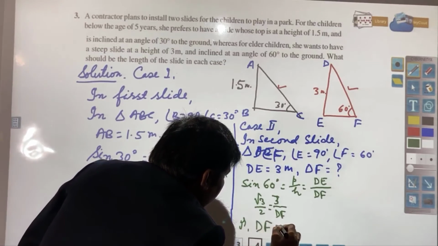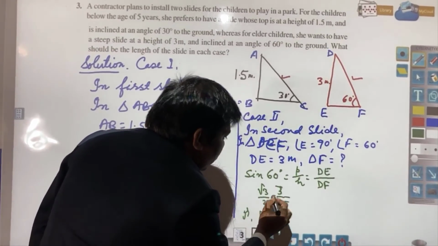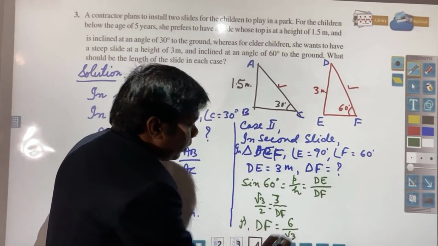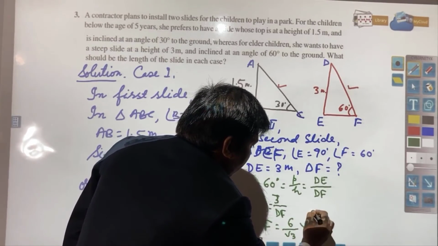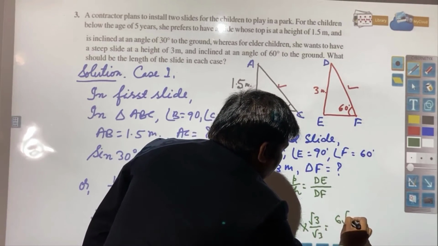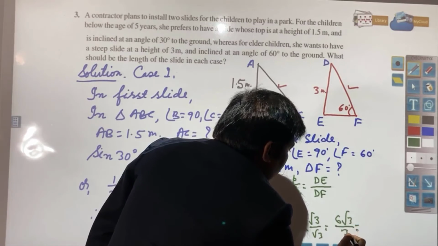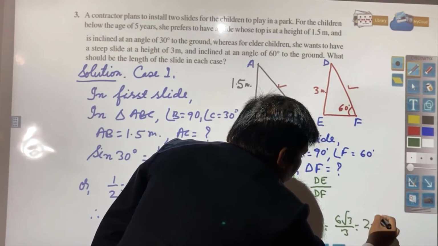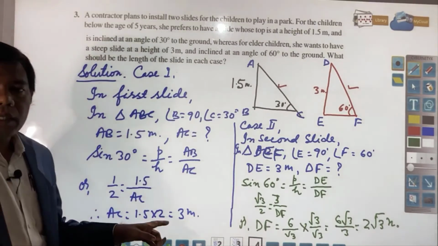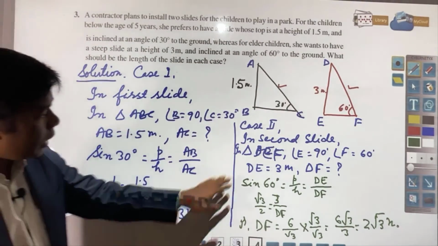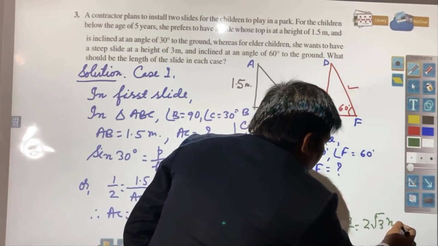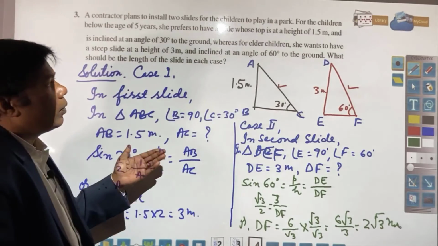DF is equal to 2 3 is 6 by root 3. And if you rationalize this, what you will get? Root 3 by root 3. It means 6 root 3 by 3. It means 3 2 is 6, 2 root 3 meter. So in first slide the length will be 3 meter. In second slide it will be 2 root 3 meter, and this will be your answer. So in this way this is required to be solved.